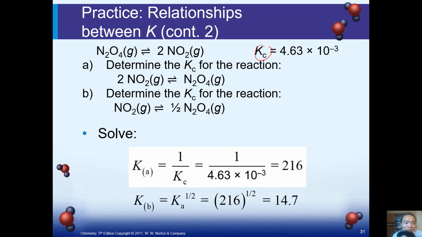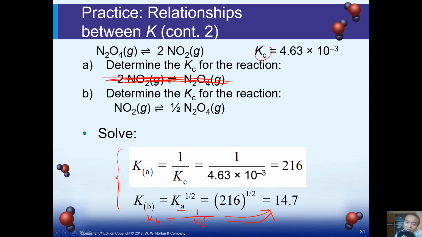You'll be able to do this calculation very easily. So in this example, it's based on Ka. But what if you just cross this out? It would be exactly the same. So Kb basically equals Kc to the half. That would give you exactly the same.